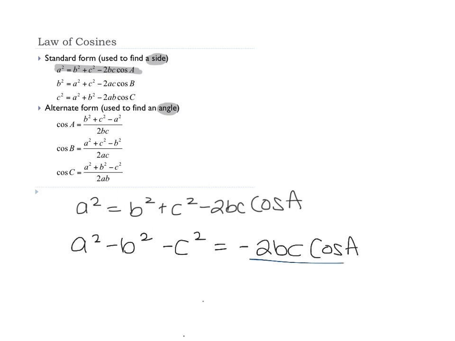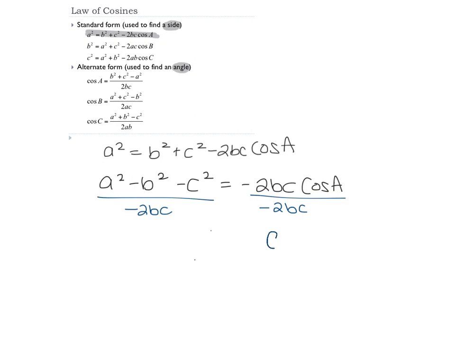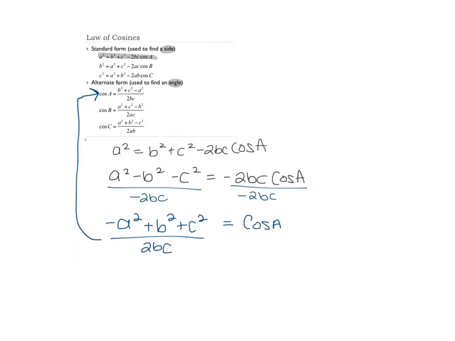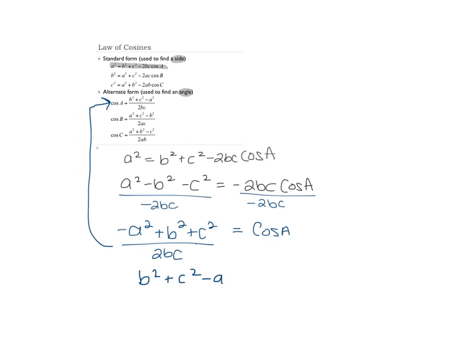And then I would divide both sides by negative 2BC. The negative changes the signs of all of those. And it's not in the same order, but it is the same thing as that. If I rearrange it, I get to the other form.